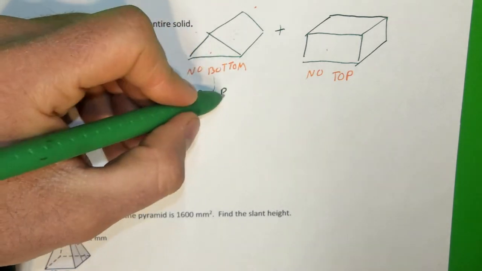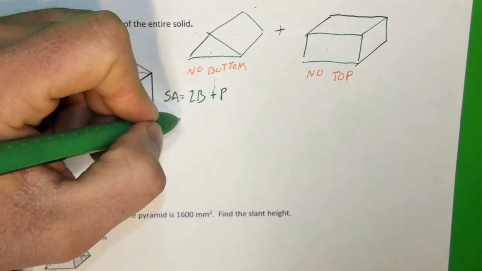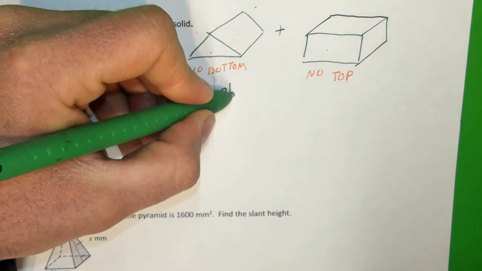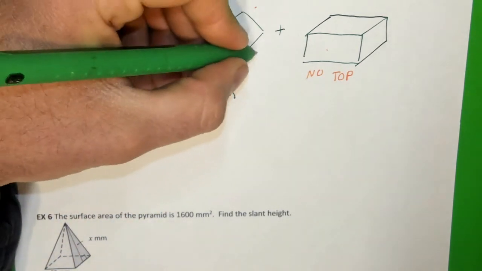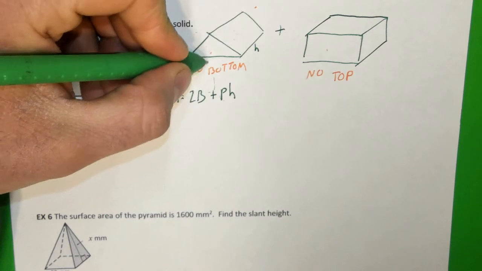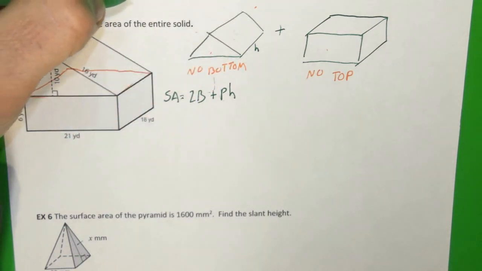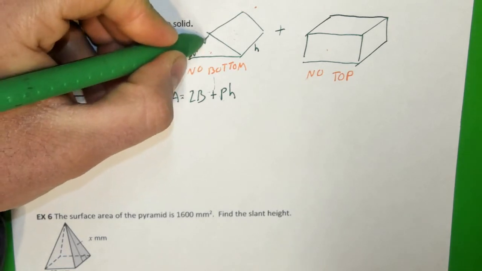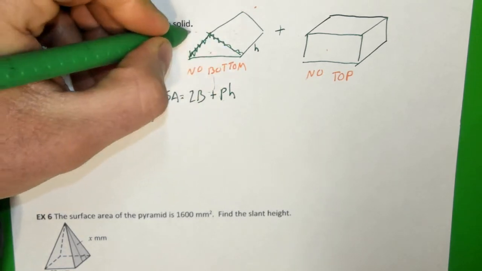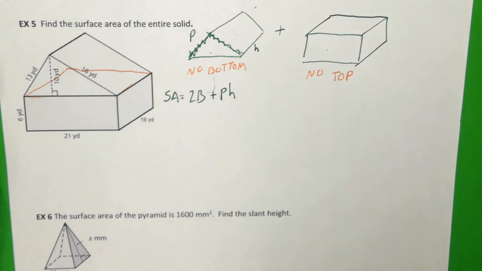So it's going to be a kind of shortened perimeter. And then we're going to multiply it by the height. And once again, like we saw on the front side, the height is actually going to extend not from the bottom to the top, but rather from the base at the front to the base at the back. So that is going to be our surface area formula for this one.